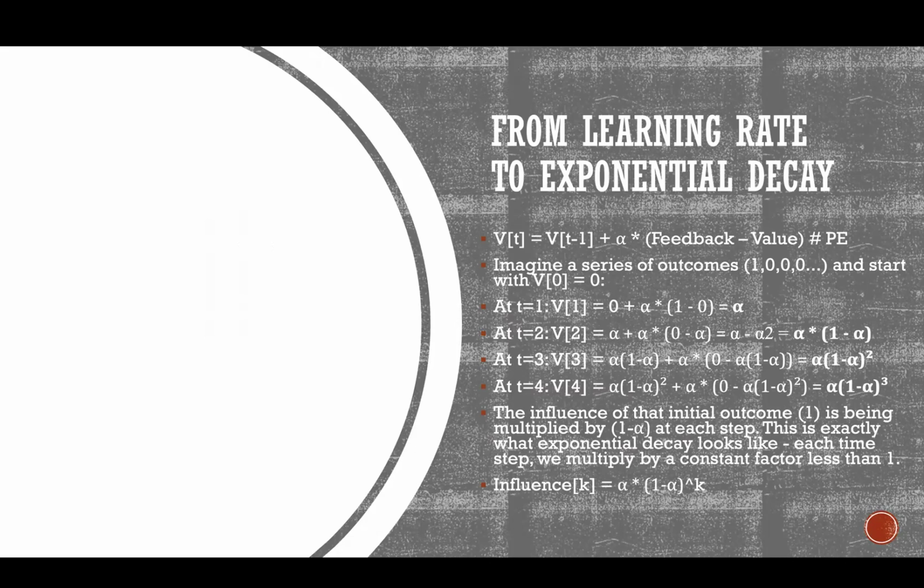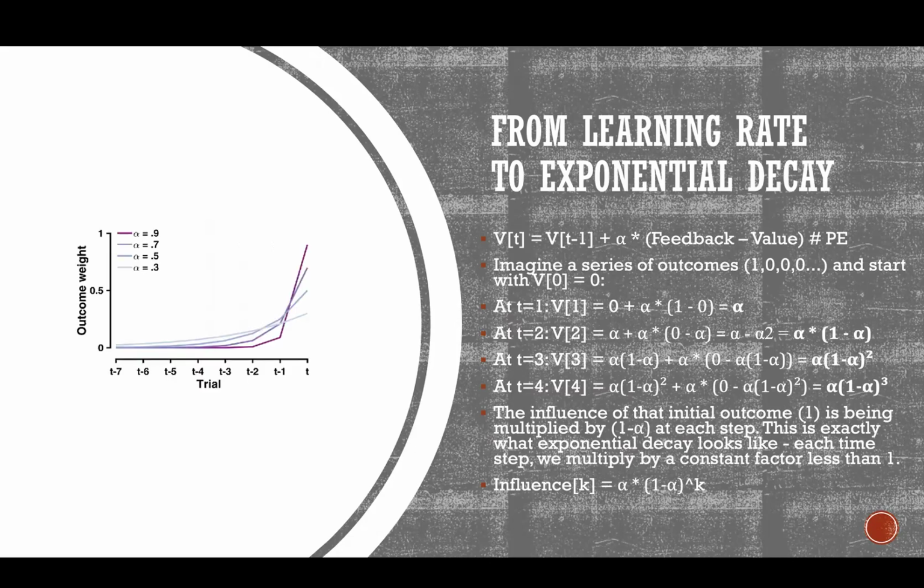And if that doesn't make super intuitive sense, we can also plot it and see how, with different learning rates, the impact that we have at time t of the current feedback, as we move away from time t, decreases at different rates.